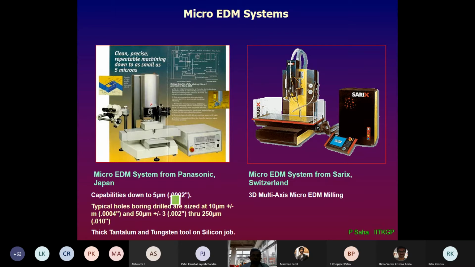Up to 5 micron size they can do, and you can make typical holes, boring or drilling, of around 10 micron plus or minus, and between 4 thou, where 1 thou is one thousandth of an inch, that is 25 micron, and this will be 50 micron plus or minus 3. They can machine thick titanium, tungsten and tungsten carbide tools also. They can machine silicon also with this.